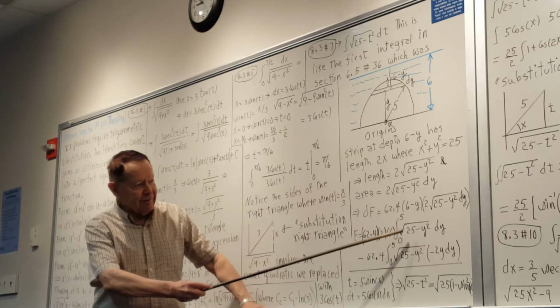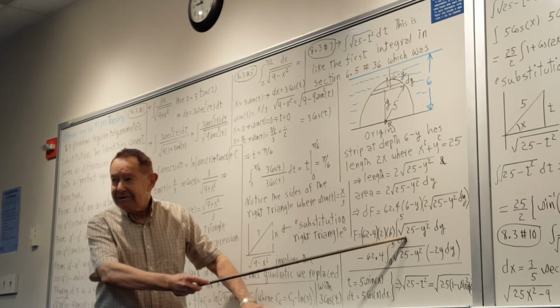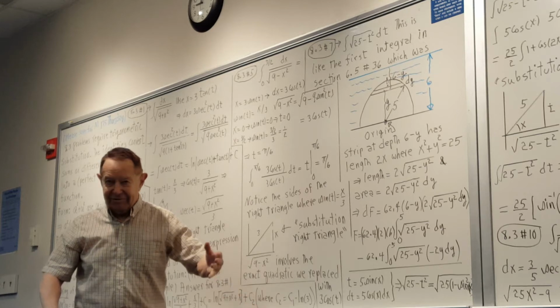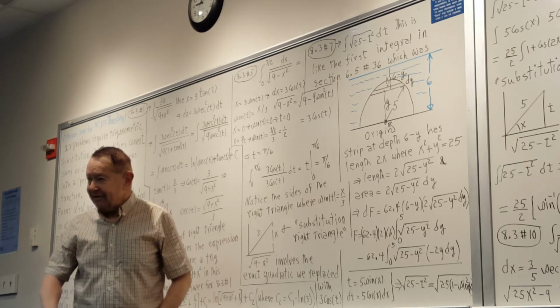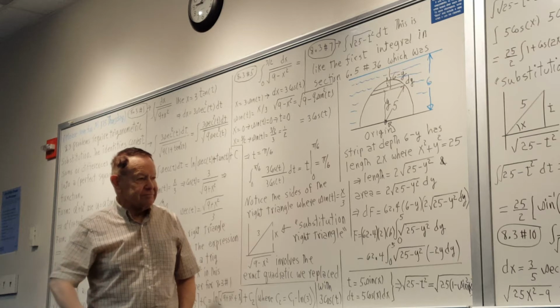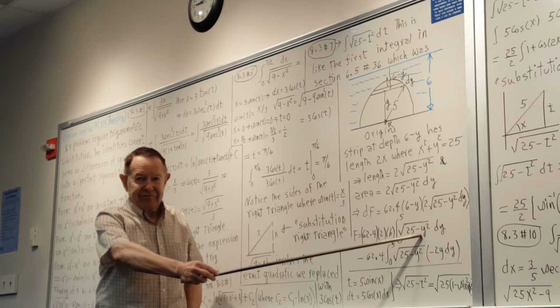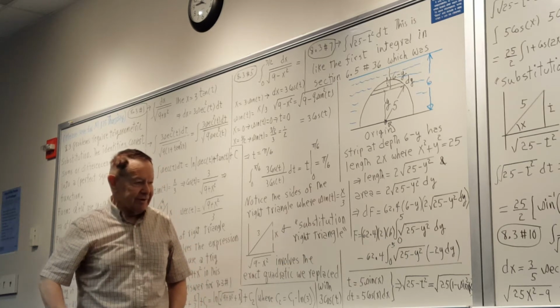And if you can remember back, we had this one, and I said at the time, this is something that we don't know how to do. And I referred you to the formula in the back of the book, number 45, in the appendix. And we did this one in class by referring to that formula and substituting into the formula.